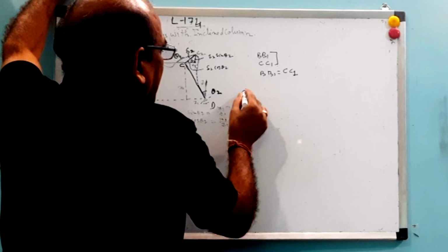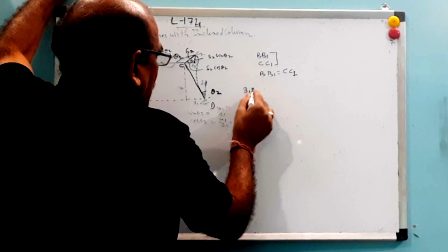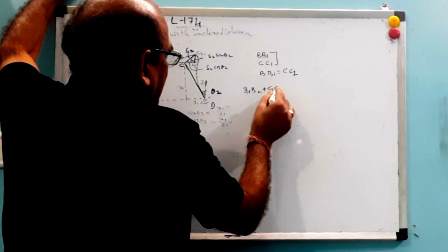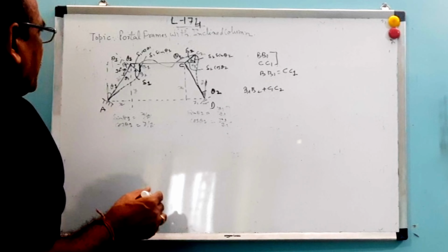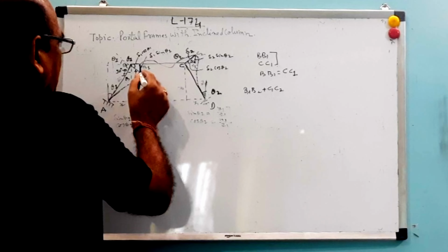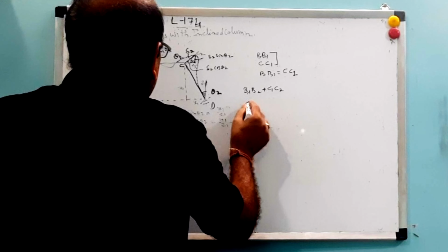That is B1, B2 plus C1, C2. So B1, B2 is the vertical component.